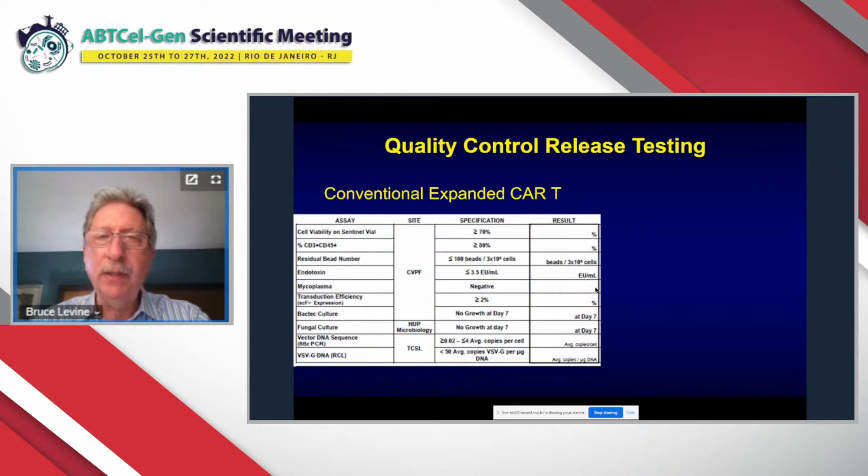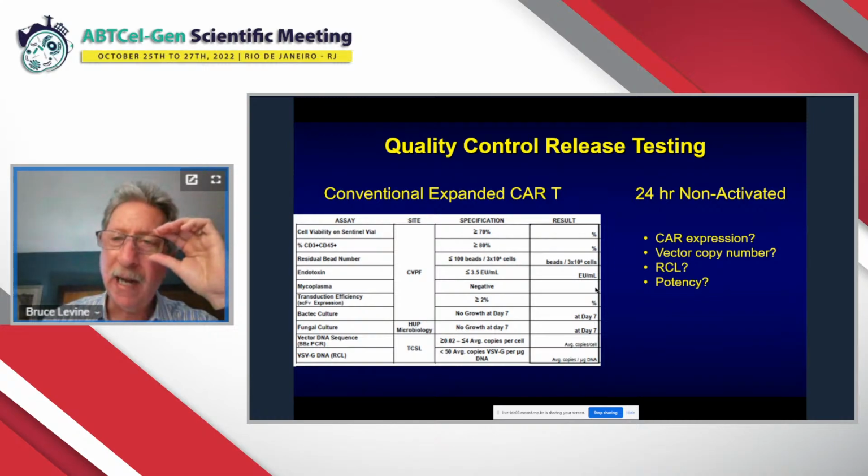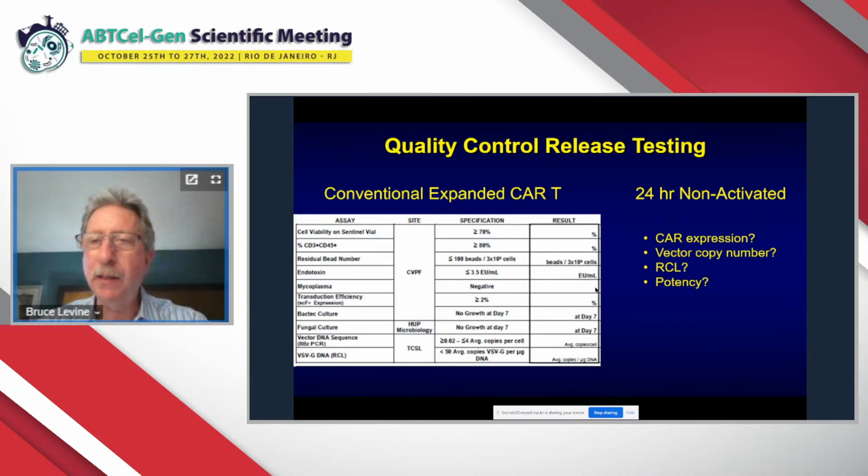Well, what are the issues here? I show our quality control release testing for our conventional CAR T cell product, where we're testing viability and phenotype, residuals, endotoxin, mycoplasma, transduction, and so on. Well, for a 24-hour non-activated product, how do you think about CAR expression where the gene may not be fully integrated?